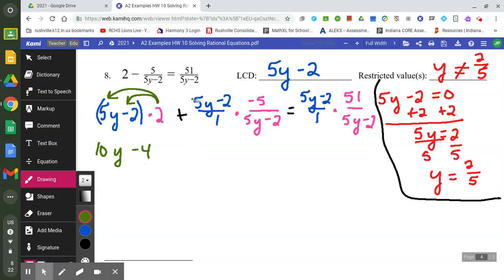And then my 5y minus 2 on top, 5y minus 2 on bottom. So now I have minus 5 on top equals, and then my 5y minus 2 on top, 5y minus 2 on bottom equals 51. So now 10y minus 9 equals 51, plus 9 on both sides of the equal sign.